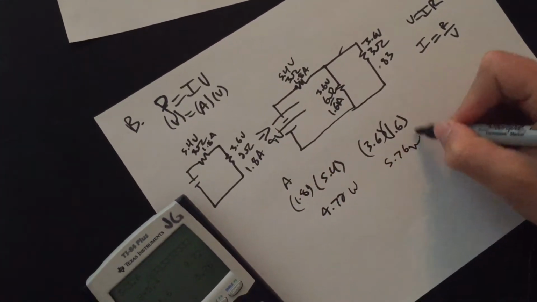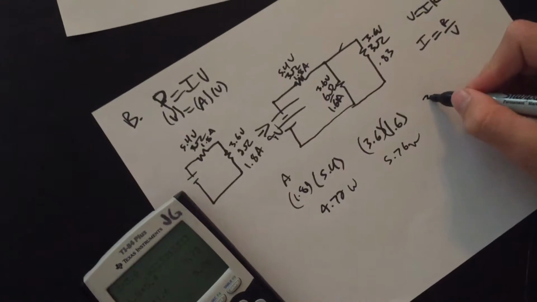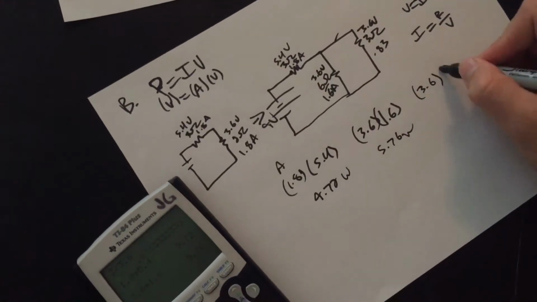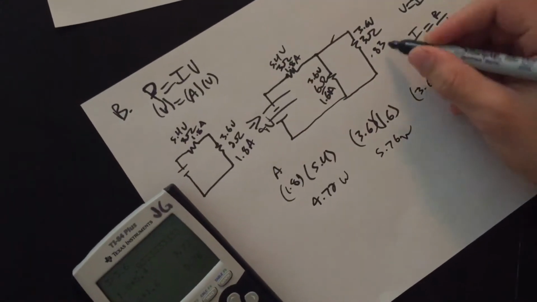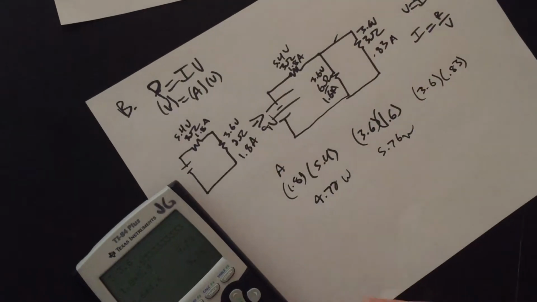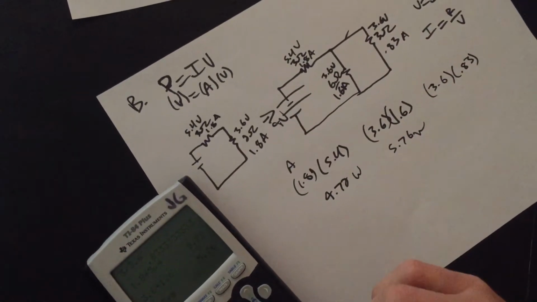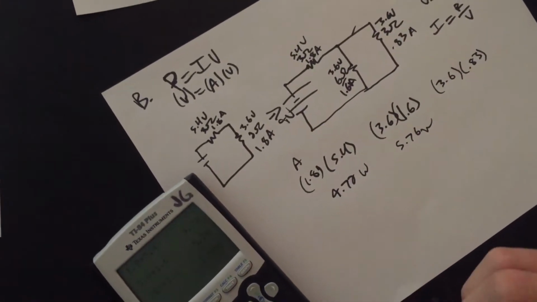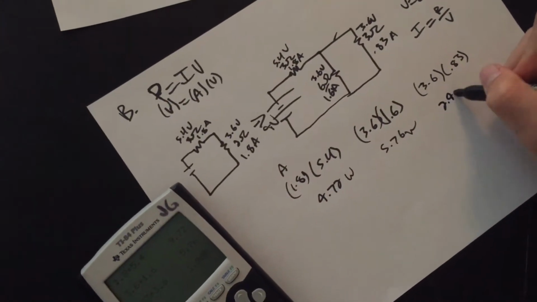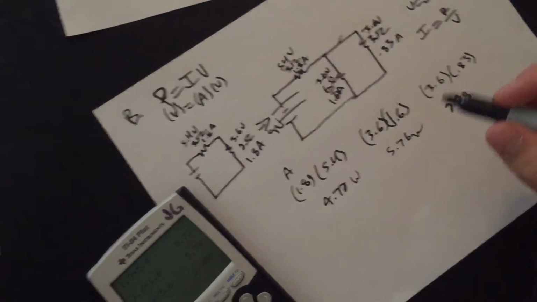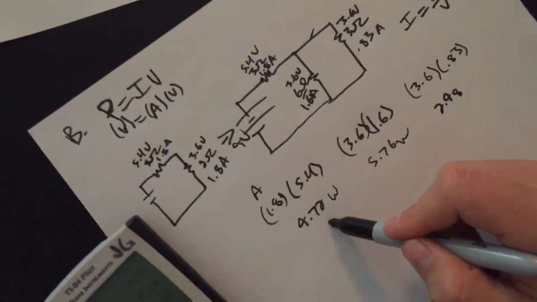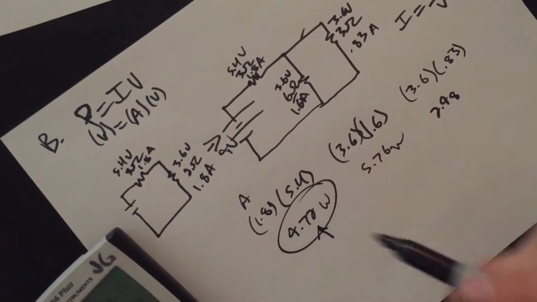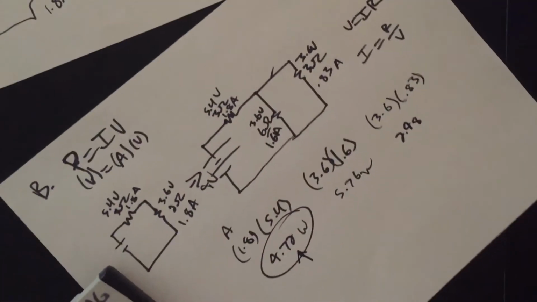These are all in watts. And so you're going to do 3.6 volts again times 0.83 amps. Maybe 2.98. So bulb A is going to be the brightest light bulb.